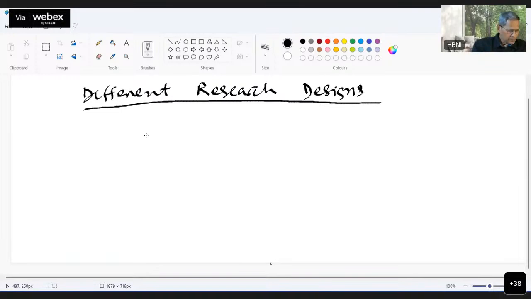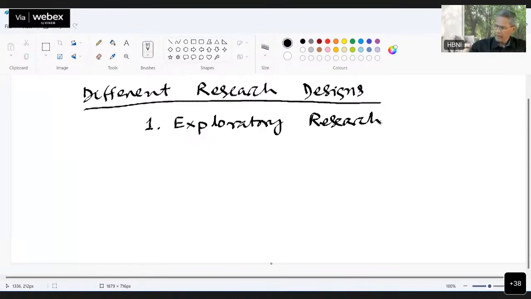In general, it can be categorized. There are three types of research. One is what is called exploratory research studies.